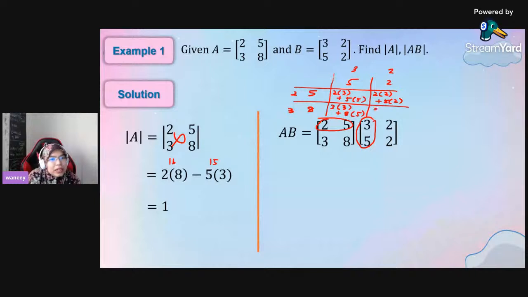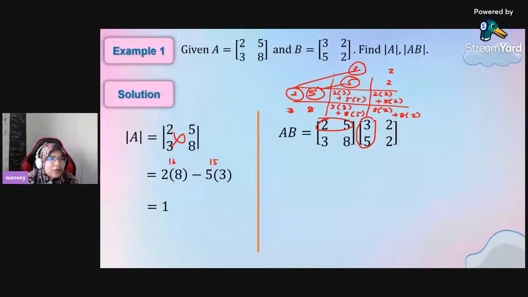And then 3 times 2 plus 8 times 2. Just in case you don't remember, you take this number, multiply with this, then plus this number multiplied with this, for each corresponding box. Each box has to be calculated one by one.